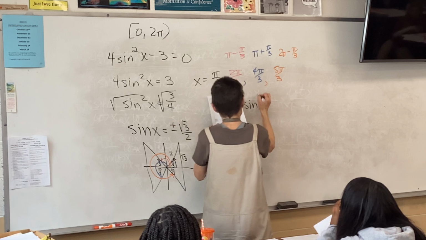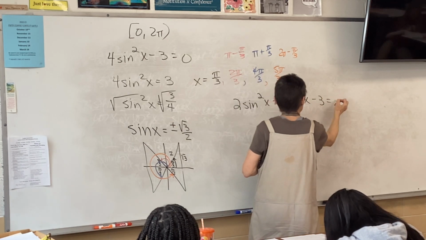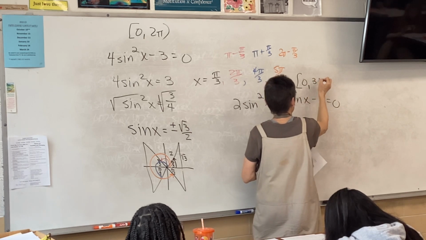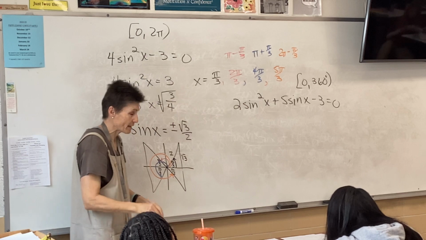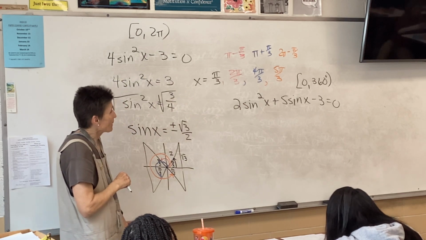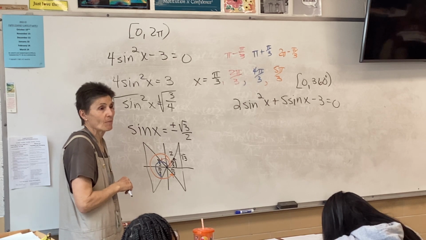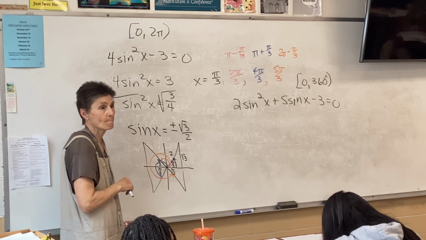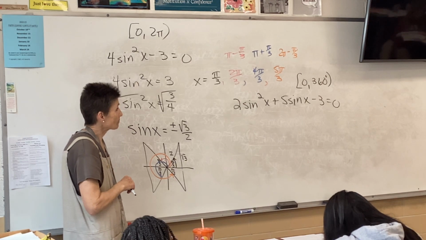2 sine squared plus 5 sine minus 3 equals 0, and we're doing this one in degrees. That doesn't change a thing about how we do it, it's just how we answer the question. So what do you think about that one? Nyla? Subtract 3.